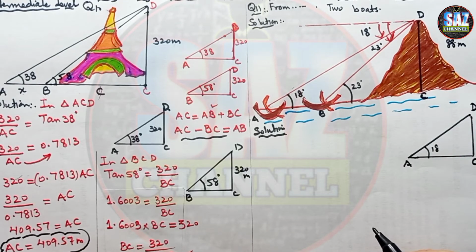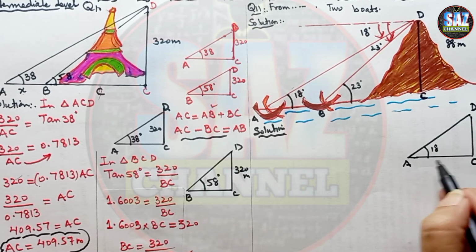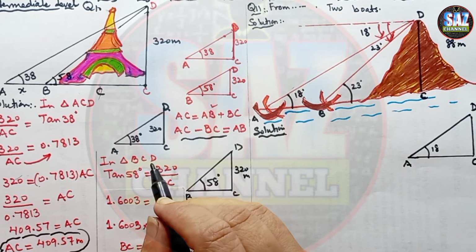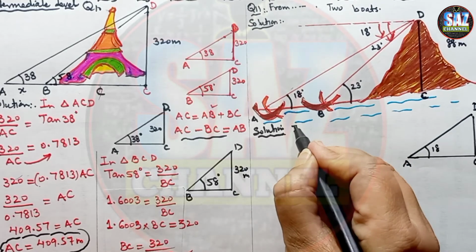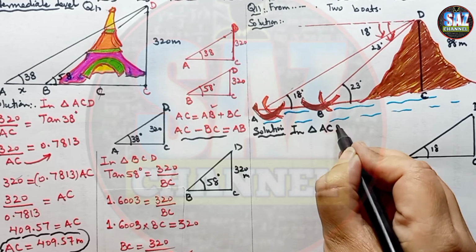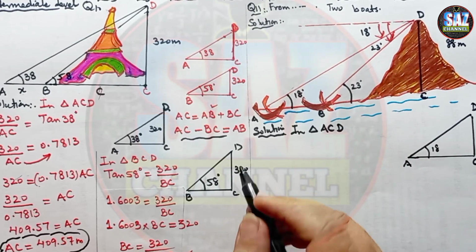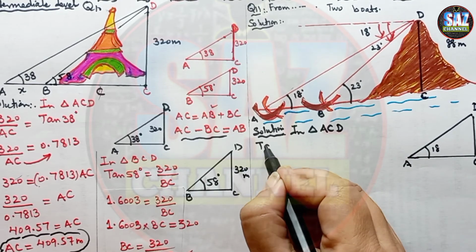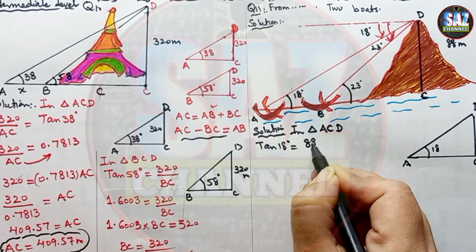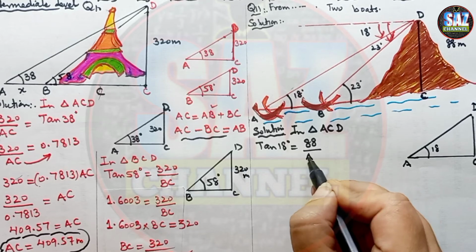First of all I will be finding this base AC. With reference to the 18 degrees angle, 88 and AC are opposite and adjacent. So in triangle ACD, tangent 18 degrees equals opposite 88 upon AC.